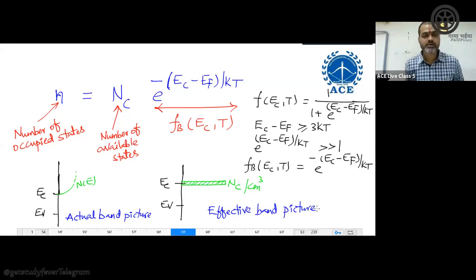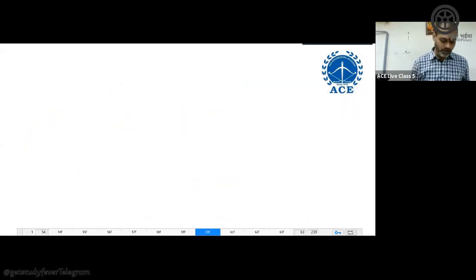So this is about the concentration of electrons in the conduction band. Now let us find out the concentration of holes in the valence band.